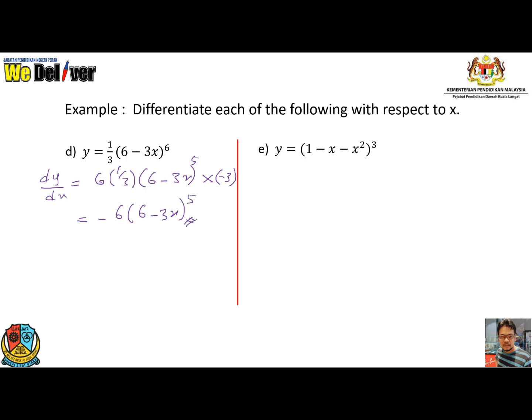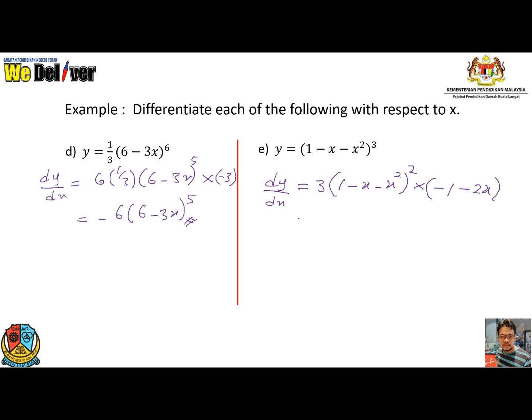Okay, for e, y equals (1 minus x squared) in bracket power of 3. So we are going to find dy/dx equals, same also, differentiate outside, 3 bring in front, copy inside the bracket 1 minus x squared, the power 3 minus 1, you get 2, times differentiate inside. 1, when you differentiate, you get 0, negative x squared, you get -2x.